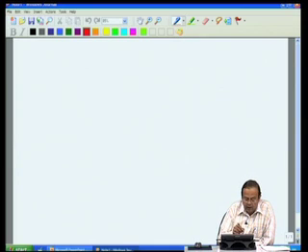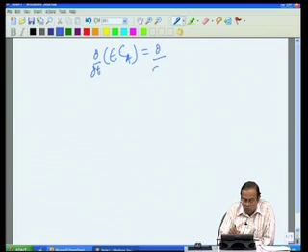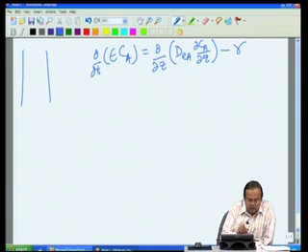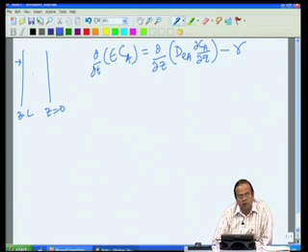So, what we have here is dou/dt of epsilon concentration is dou/dz of DEA dou Ca/dou z minus R. The first simplification, and we are describing a slab, z equal to 0, z equal to L, diffusion and reaction over here.